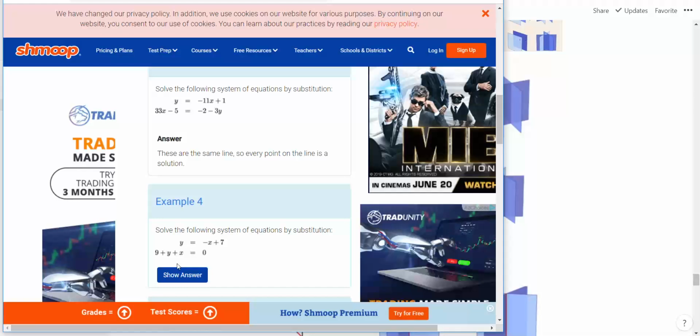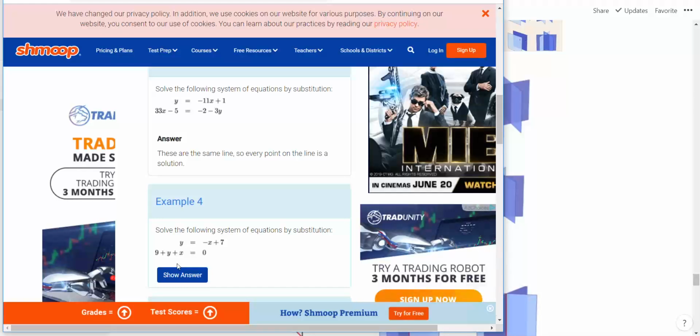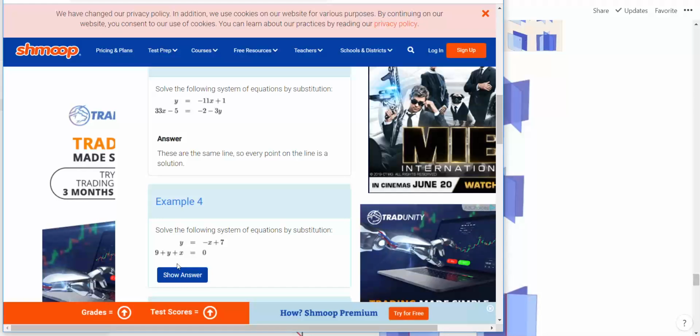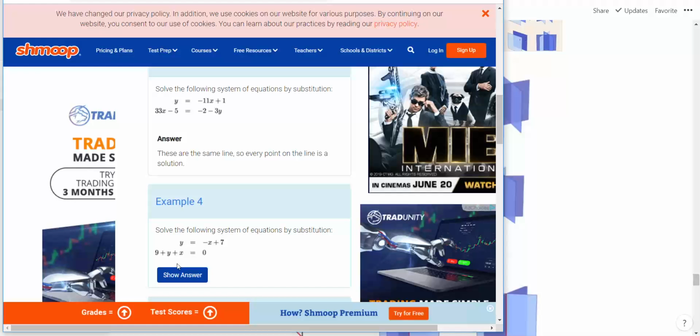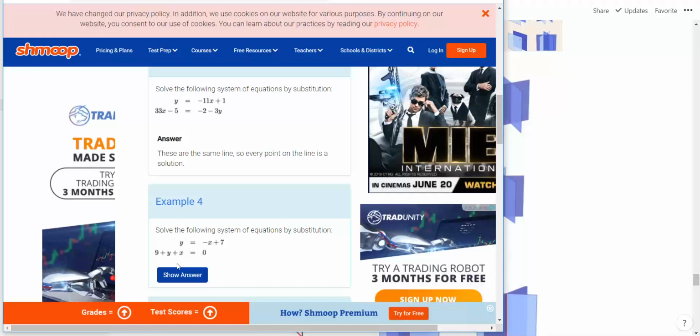We have y equates to y. So let's directly substitute the y with the value we've got. So it's minus x plus 7 plus x would equal 0. Okay, so it's 9 minus x plus 7.